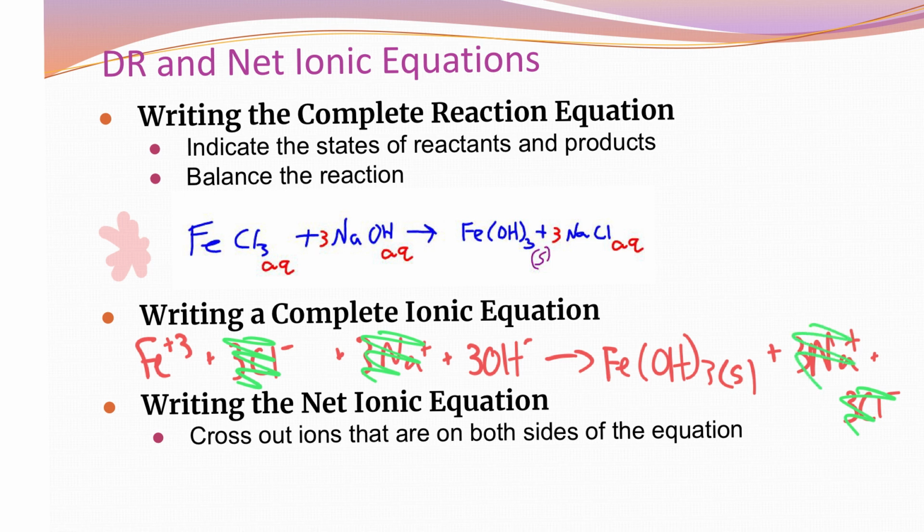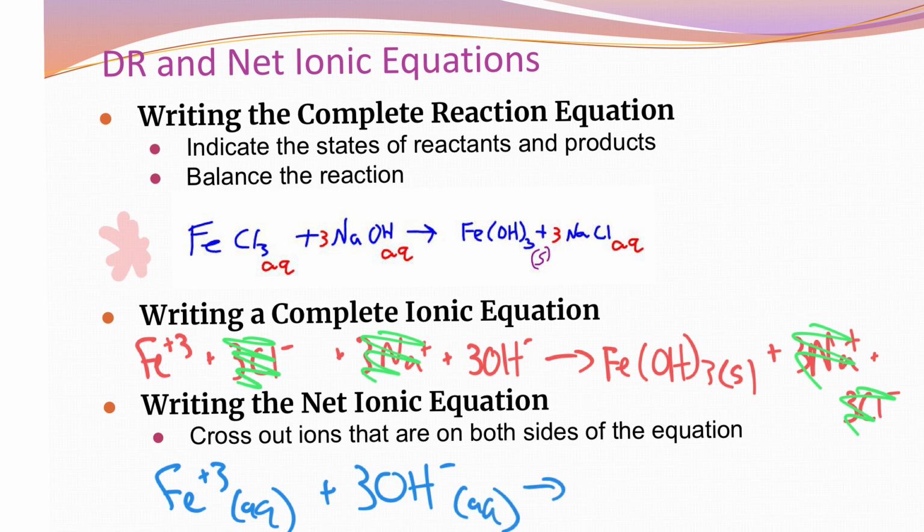And so the final net ionic equation is going to be Fe 3+ aqueous plus 3 OH minus aqueous reacts to form Fe(OH)3 solid. So the steps are essentially: write out the balanced equation, break it up into ions, and then cross out the ones that are common on both sides.